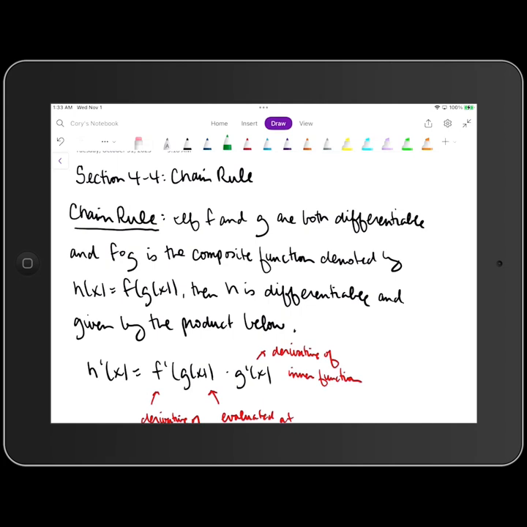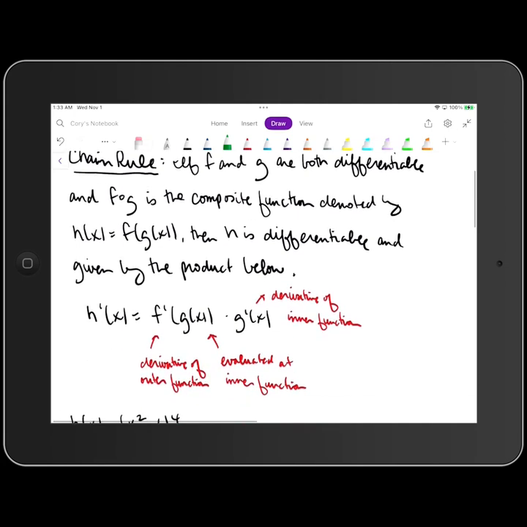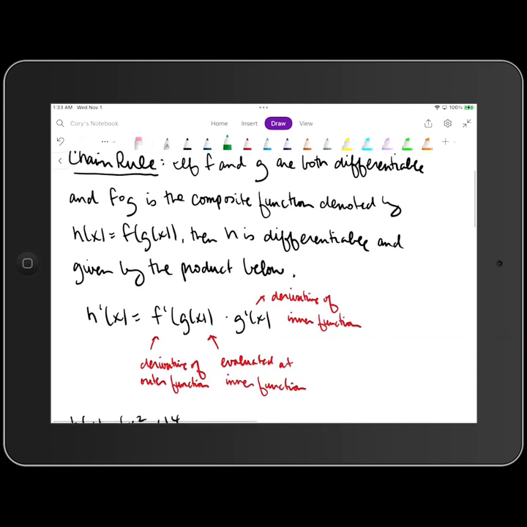So if we want to find the derivative of a composite function, the derivative of h is h prime. The way we take the derivative of a composite function is we're going to take f prime of g of x, and then we're going to multiply that by g prime of x.